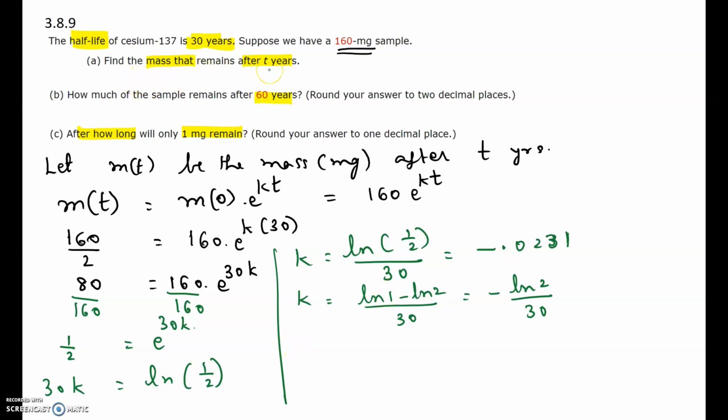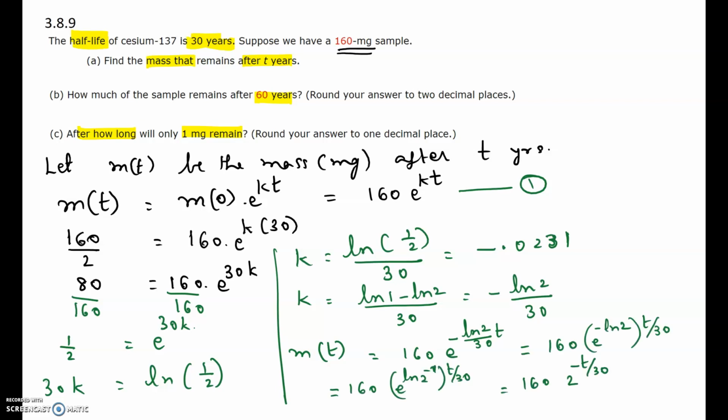Find the mass that remains after t years. We substitute k into the relation: 160 e to the exponent negative ln 2 over 30 times t. With some algebra, this becomes 160 e to the negative ln 2 times t over 30.